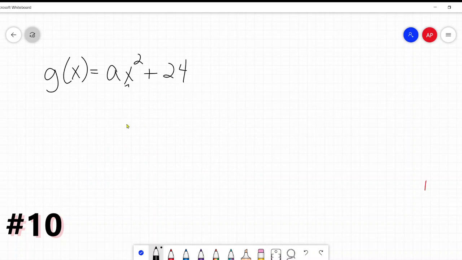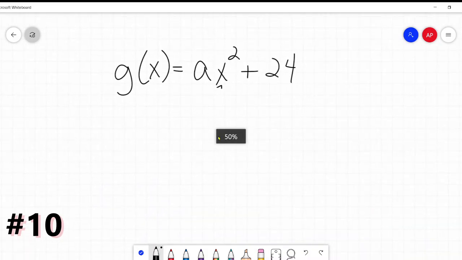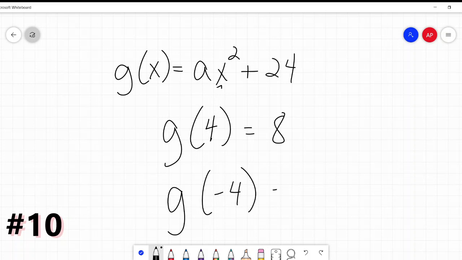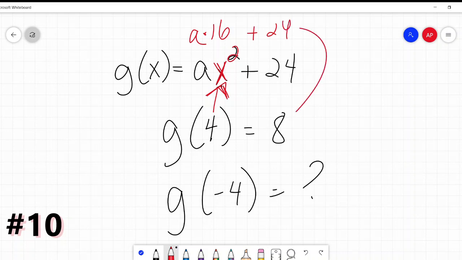Now here's the intuitive shortcut thing I mentioned. I'm going to rewrite this just so it's a little clearer. Okay, I am told g of 4 equals 8. And they want to know what g of negative 4 is. Here's the thing. If I plug 4 into this equation, 4 squared is 16. So 16 goes here, it's multiplied by a constant, 24 is added, and I get 8.